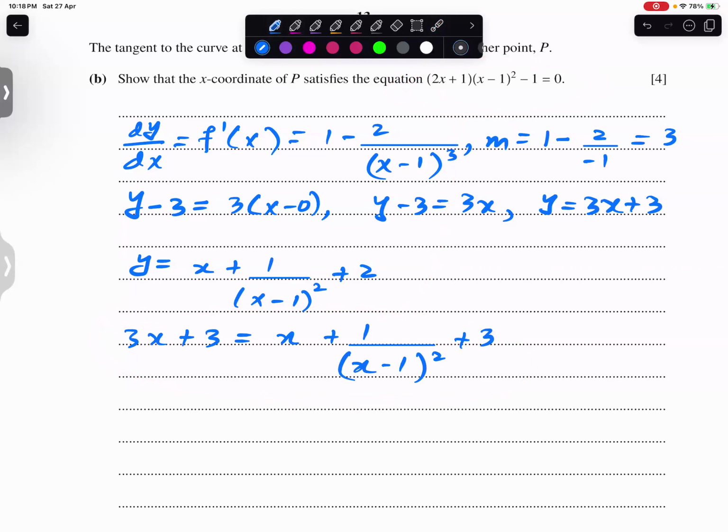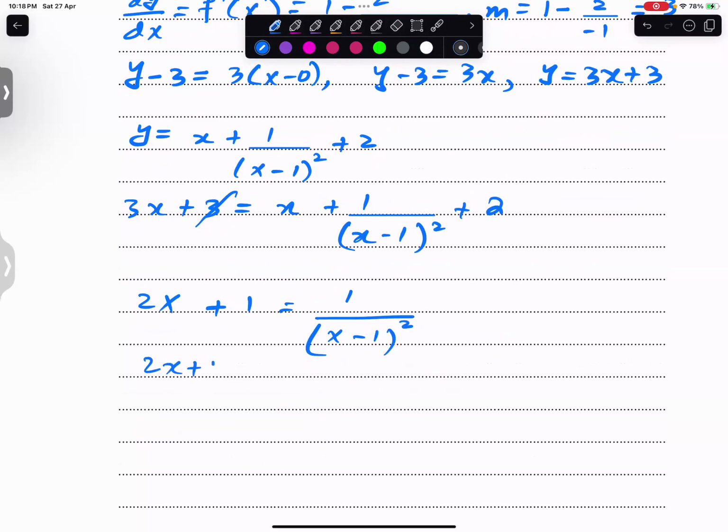So bring 3, 3 will be cancelled out, x on the other side, so 2x is equal to, sir, it's not 3, it's 2. Thank you. I was also going to say where will the 1 come from. The 2 was here, right, okay. So this will become your 2x+1 is equal to 1 over x-1 whole square.